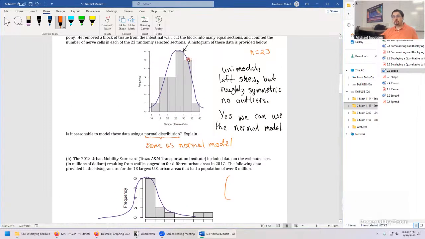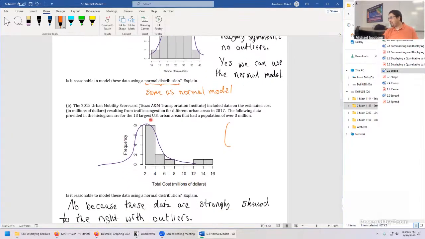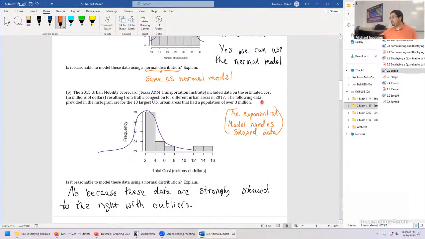Much like this one's called the normal model or normal curve or the normal distribution, the exponential model handles skewed data. Really, this comment is in orange just for the sake of, it's good to know that there are ways to handle even the worst data we could ever possibly see. We can always fit a curve to it some way, somehow.